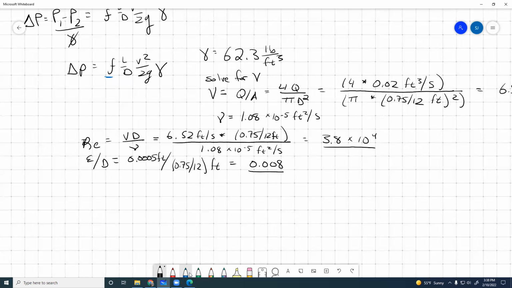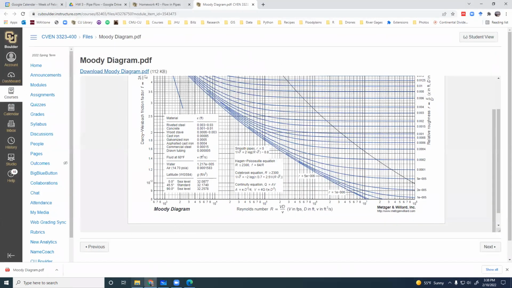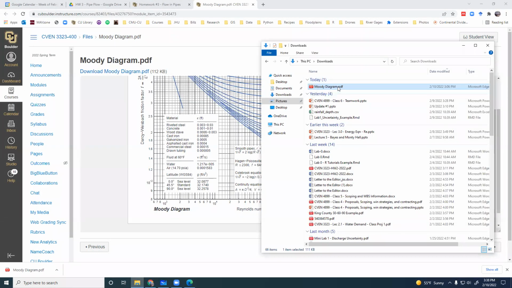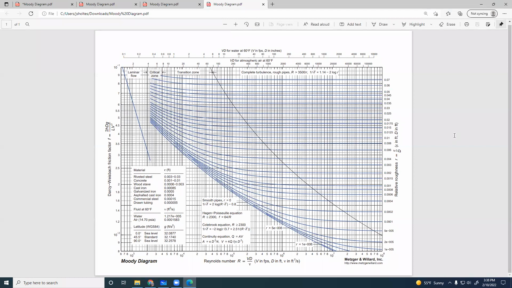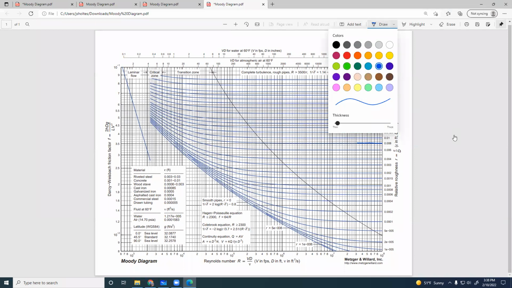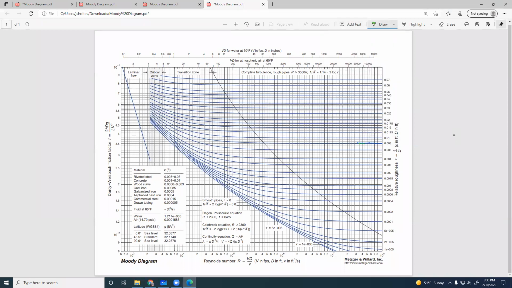Okay, now let's go to the Moody diagram. Could have been going there the whole time. One-stop shop. Okay, so 0.008, this is our line to use. Let me use a different color here. This is the line we're going to use, but we're way over here.